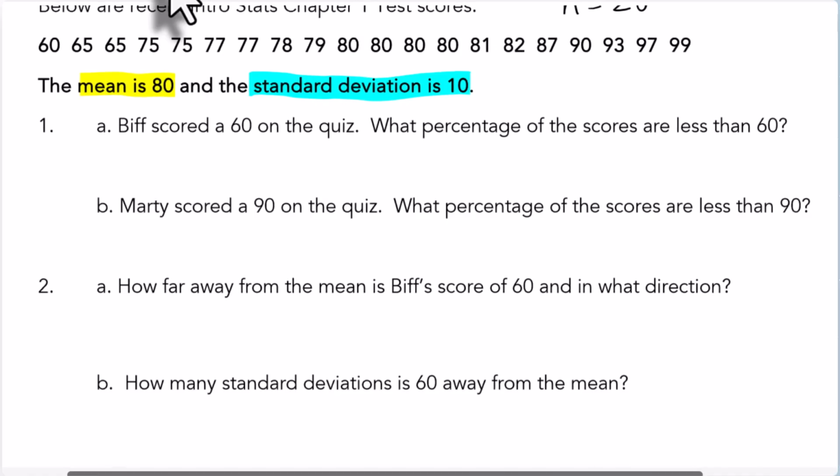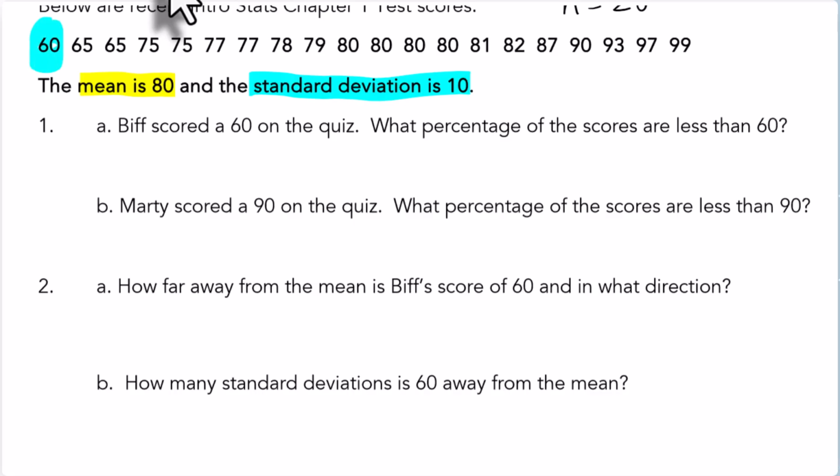It's classic. Now, Biff scored 60 on the quiz, and we want to know what percentage of the scores are less than 60. So the data, if you notice, is in order from 60 all the way up through 99. If I take a look at where Biff's score is, that's right here on our number line at 60.